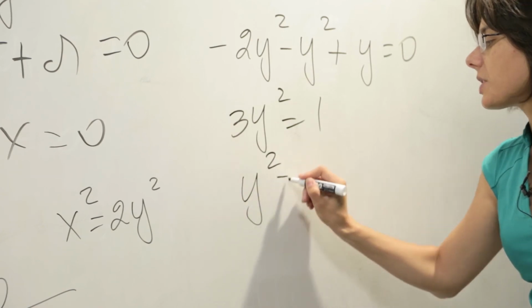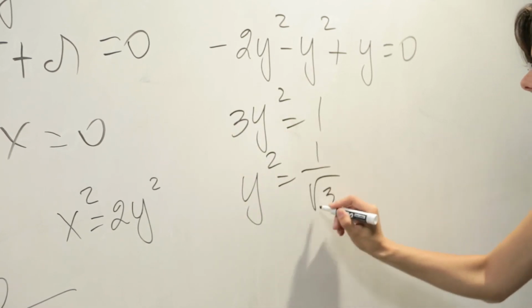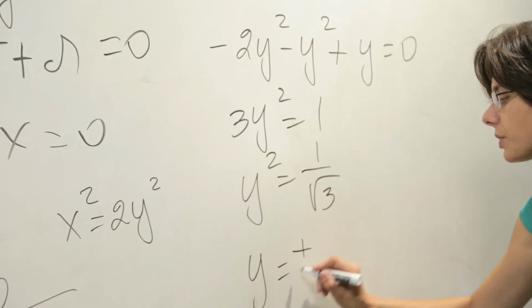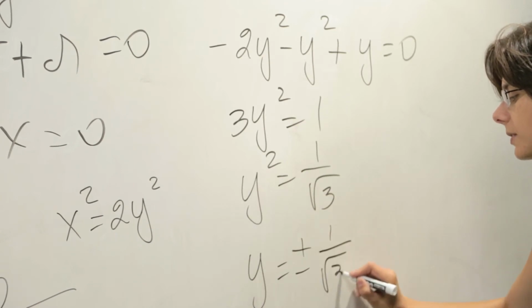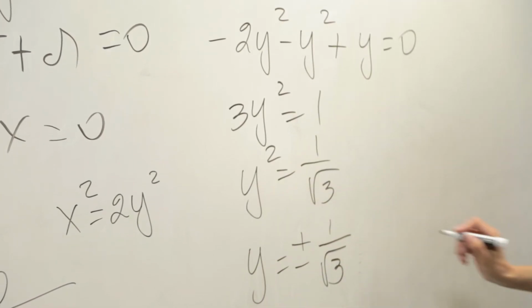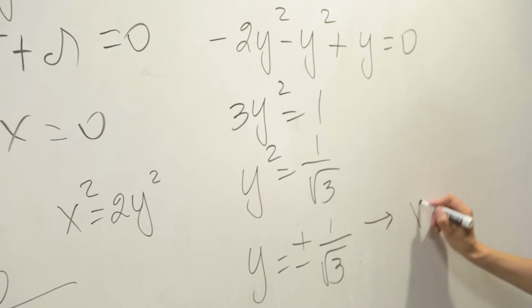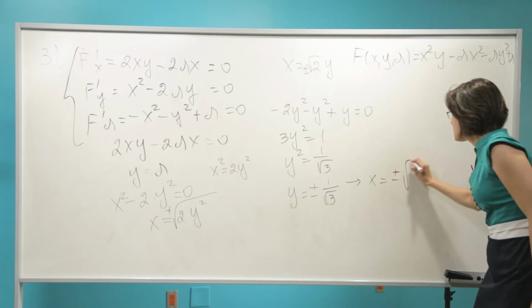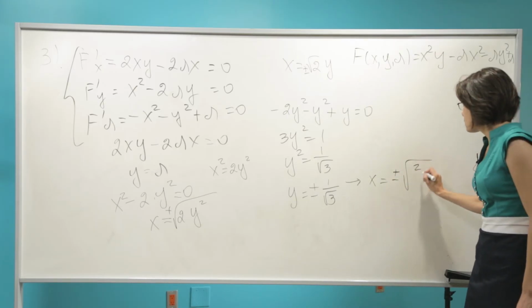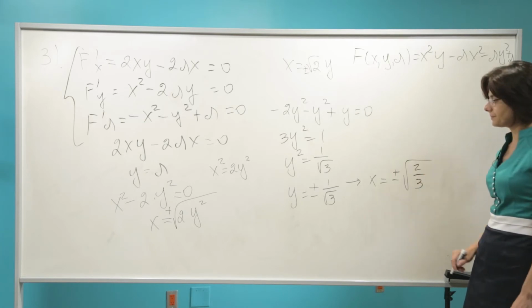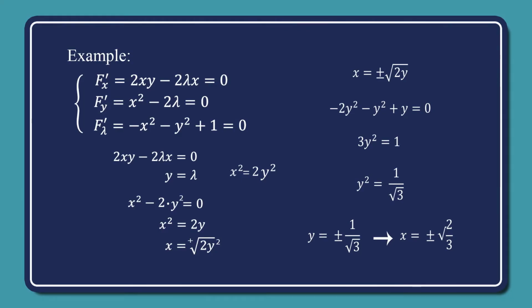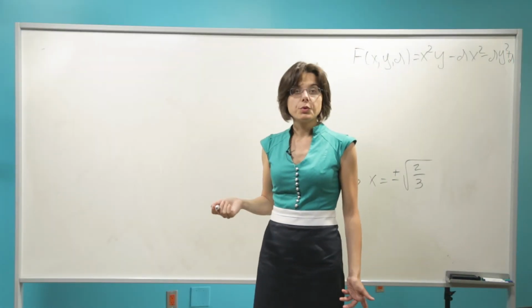So y squared is equal to 1 over 3. Thus y is equal to positive or negative 1 over square root of 3. Now the corresponding x would be positive or negative square root of 2 over 3. So basically we obtained 4 different points.